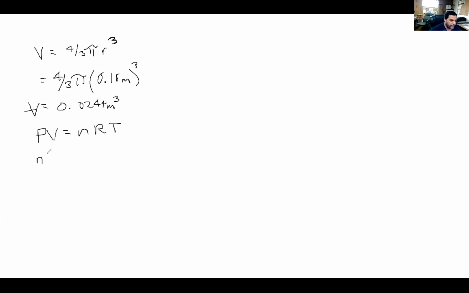So I'm solving for n, which is going to be pressure times volume divided by universal gas constant times temperature. We were given 1.05 atmospheres as the pressure. But we want to be working in Newton per meter squared.